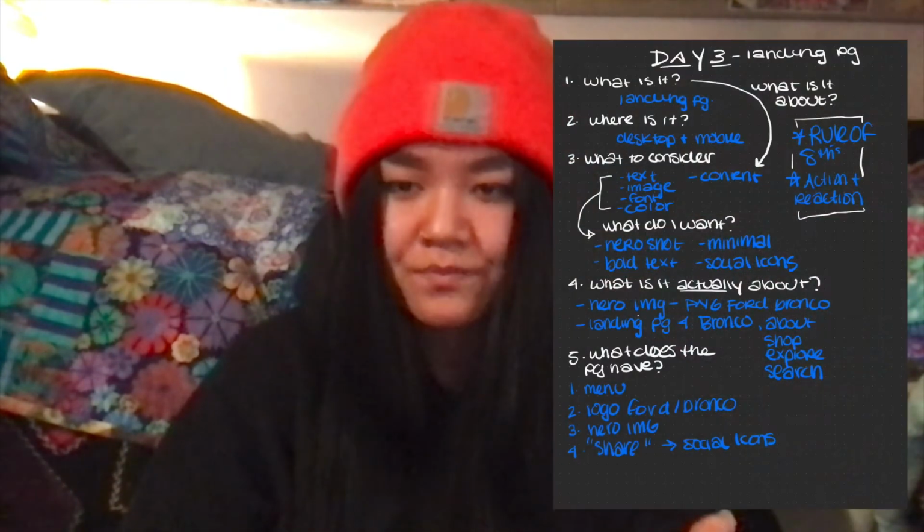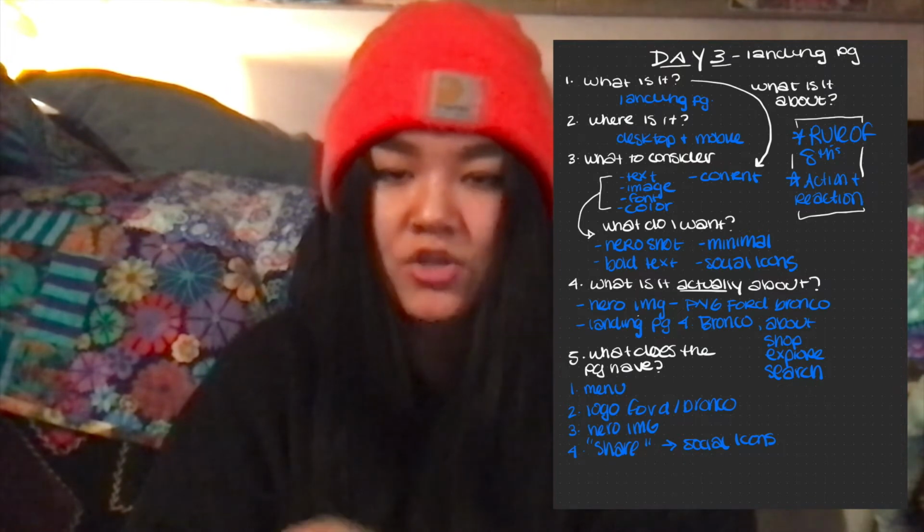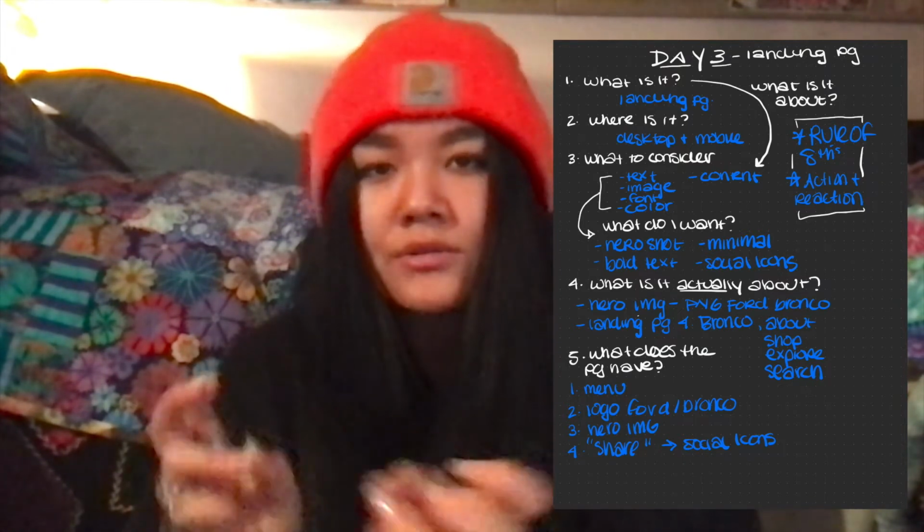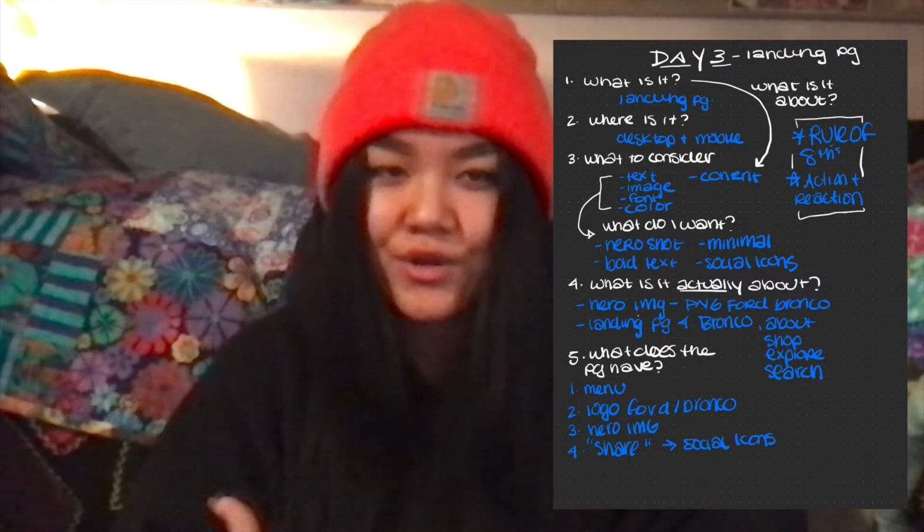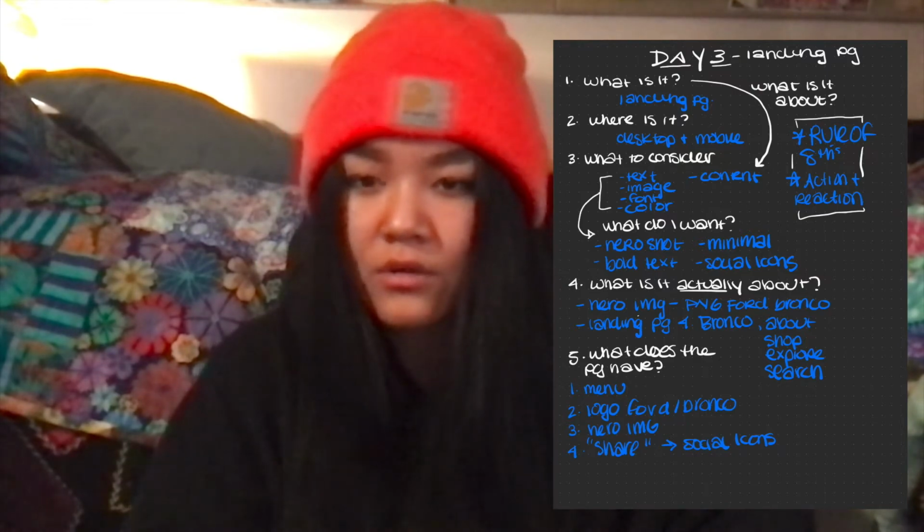If people think that you should just be making things completely from scratch and conceptualizing brands that aren't real for portfolio pieces, that might be something that I have to change gears on later, but for today, I've chosen something that is trademarked. So I want the Ford logo, I want the Bronco logo, I want the Bronco itself to be the hero image, and I want to include share icons that prompt you to share things to social media.